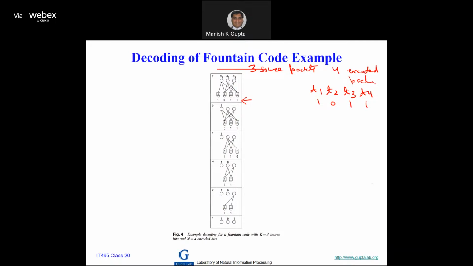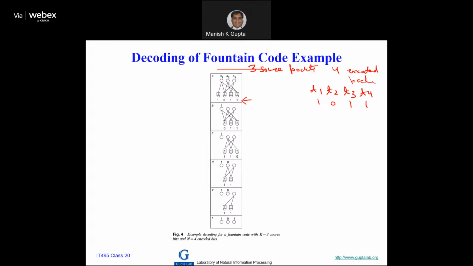Now I look at these T1, T2, T3, T4. Normally they are called check nodes. Out of these 4 nodes, which one has only one edge?